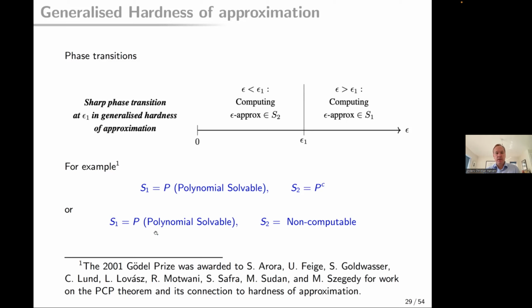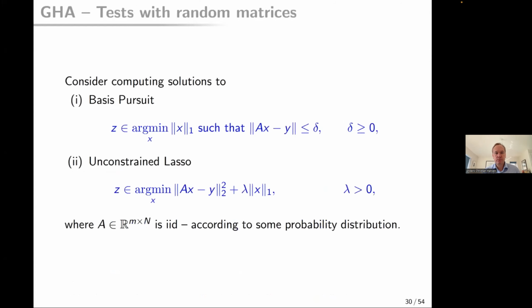I want to point out that the classical hardness of approximation has been a huge field in computer science. You can recognize some of the leading people in the field. The first Gödel Prize was in 2001. I think there's in total 5 Gödel Prizes now for hardness of approximation, and Nevanlinna Prizes and ACM awards as well. Just want to mention that for completeness of the history.